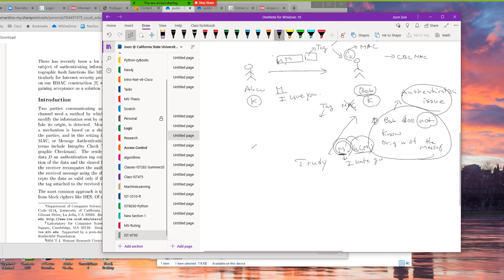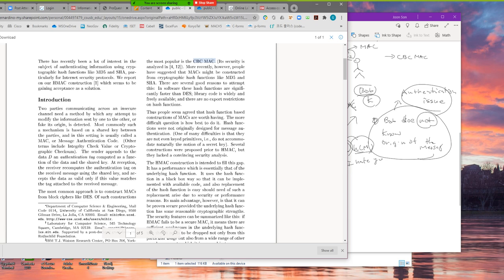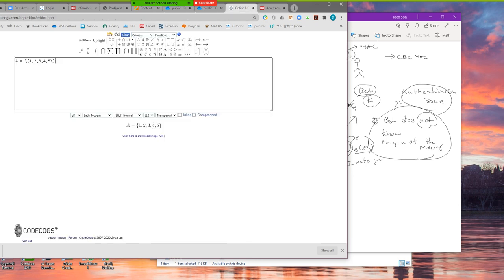So that resolves the authentication issue. So any question? So that's the MAC, the HMAC and CBC MAC. To solve just one small problem, I know I have to tell you a lot of things, right?